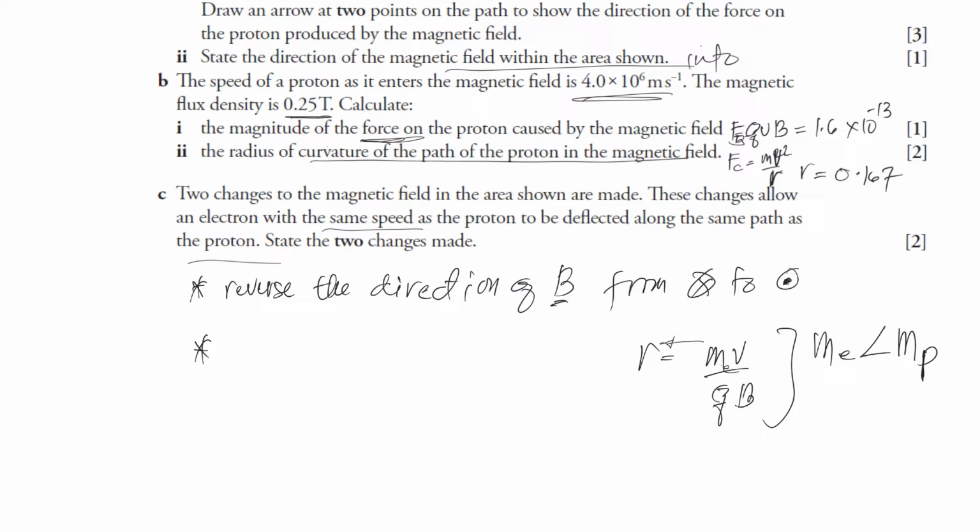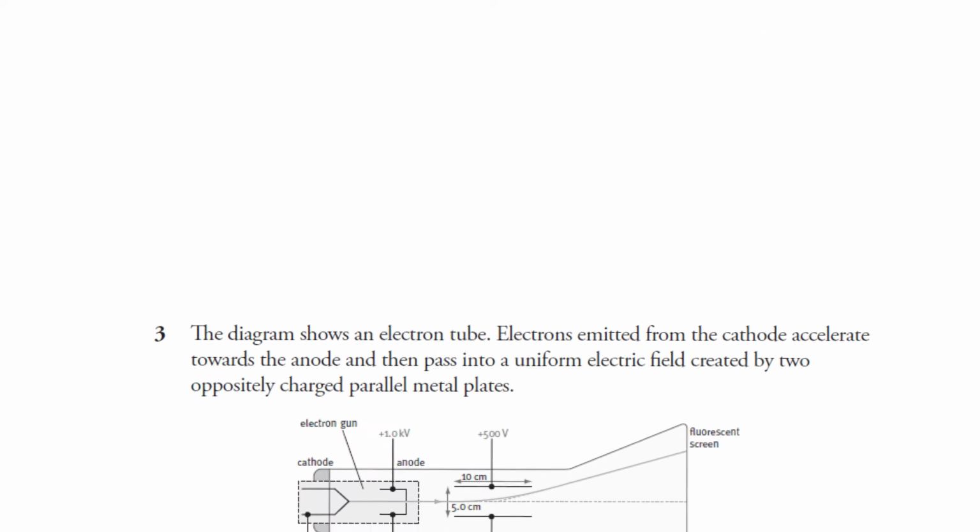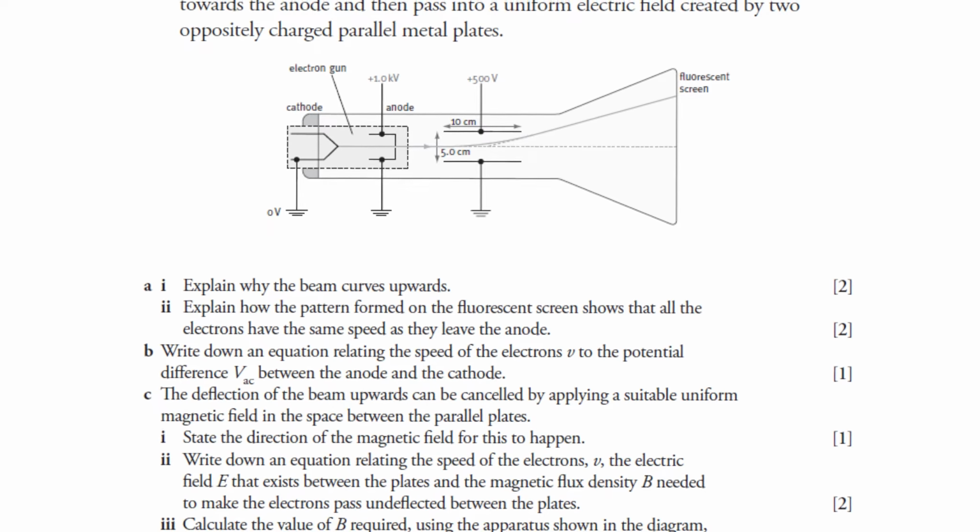But we need to have the same r so that the electron can follow the same path like the proton. So we need to reduce the B. If we reduce the B, it will increase the r. It will compensate the loss of the r. So the next change is to reduce the magnetic field strength B. Because we are losing in terms of mass, that will be compensated by reducing the B. Thank you. Let's go to number 3.